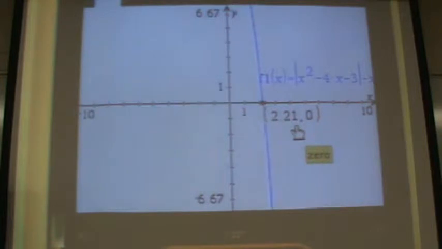So the 83s are more accessible to you than the Inspire. So it's really a matter of what you're going to be more successful with between now and when you go to college. You might want to be versatile and be able to do both of them. But notice the keystrokes are kind of the same, but a little different. So use what's best for you. And I will help you with either calculator, okay? So let's go to the back side.